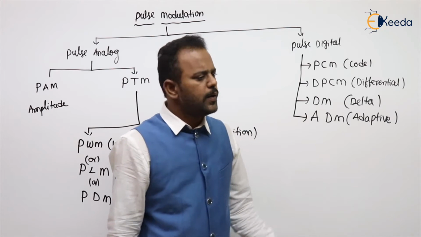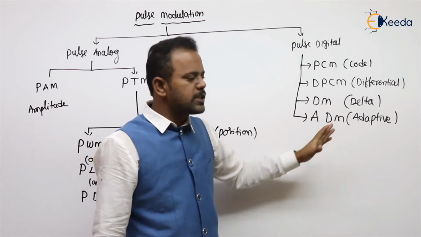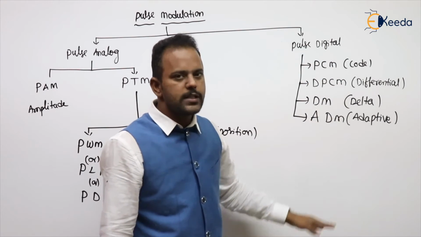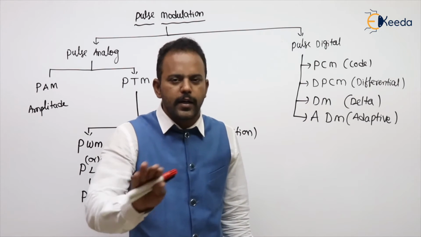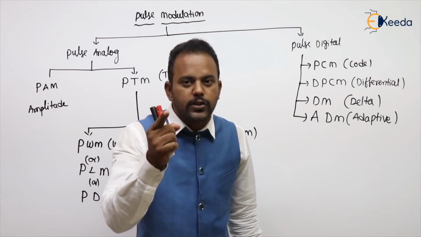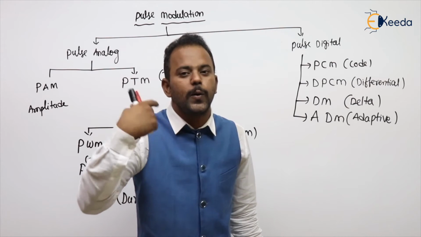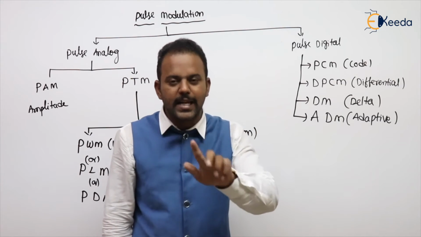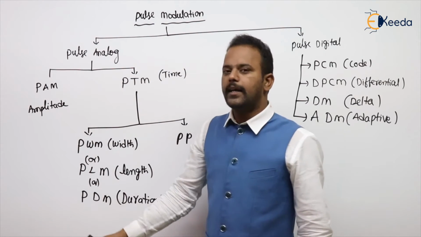Now here, what is happening in these schemes, if you want to clearly know, is that these are not really modulation schemes. These schemes are nothing but conversion of a continuous time signal into digital, into discrete.